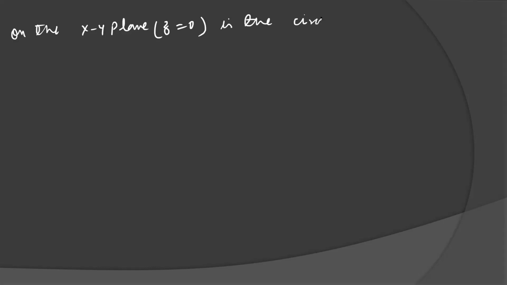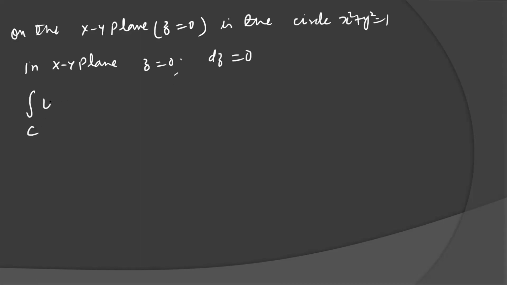I have discussed it already. x square plus y square equal to 1. So in the line integral in the xy plane, we have to put z equal to 0, then dz is going to be also 0. So your line integral V dot dr will convert to (2x minus y) dx only, because the rest of the terms are going to be 0.